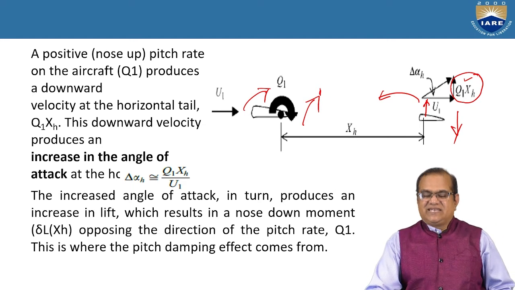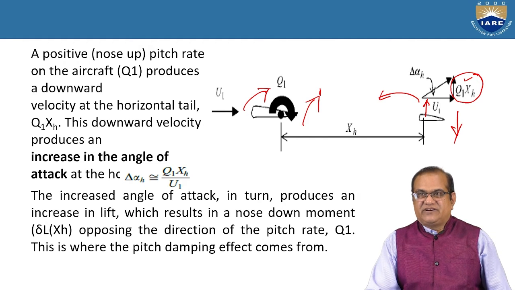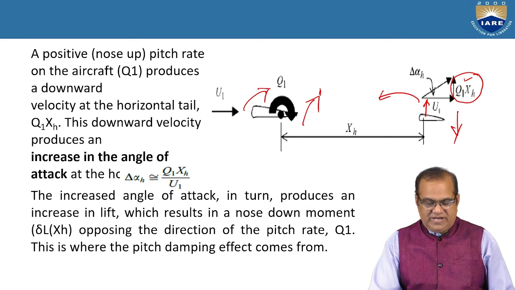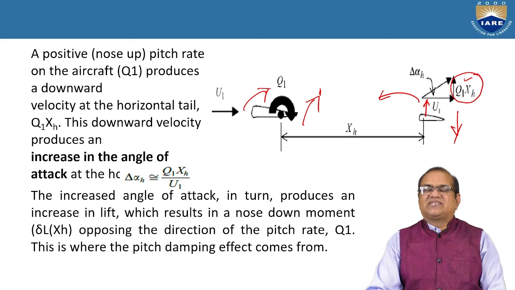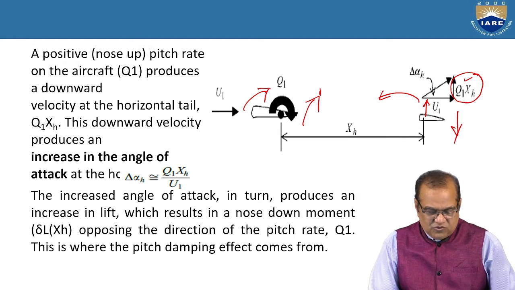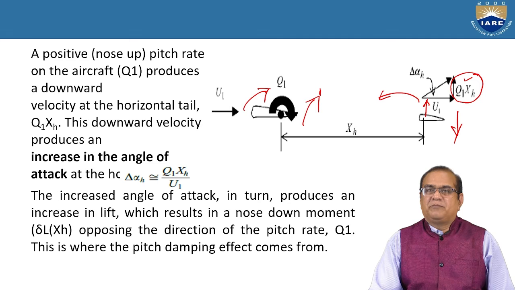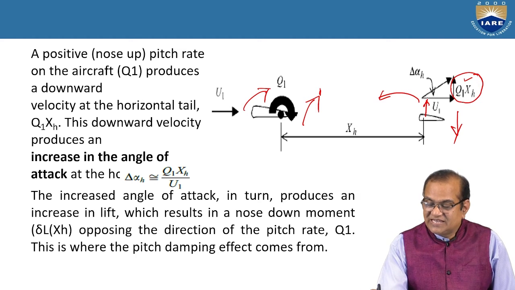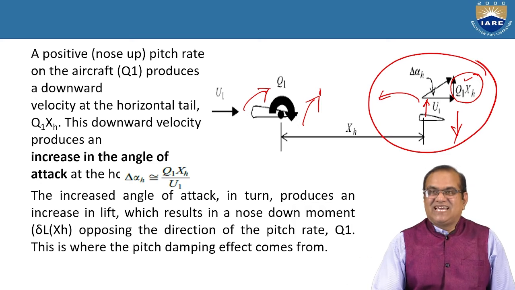The increased angle of attack in turn produces an increase in lift, which results in a nose down moment, delta M, opposing the direction of the pitch rate Q1. This is where the pitch damping effect comes from. So this is the effect which is observed by this tail.